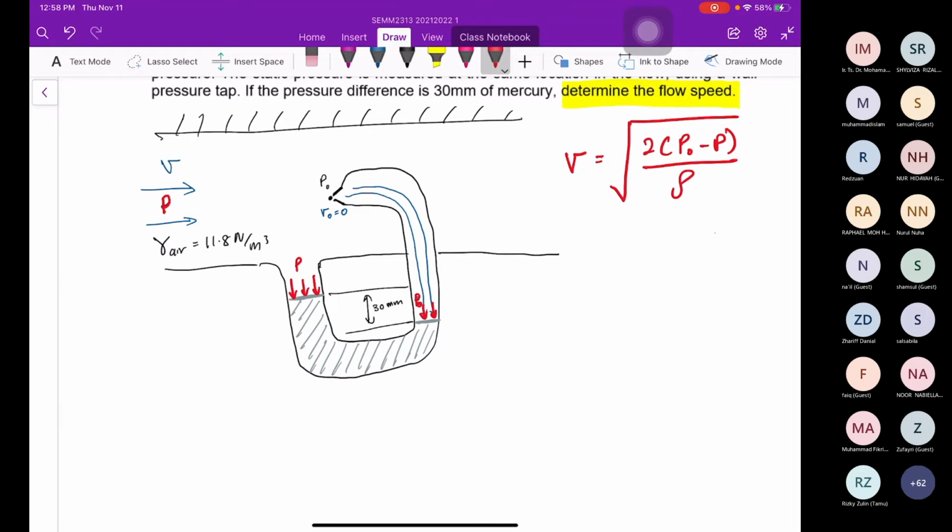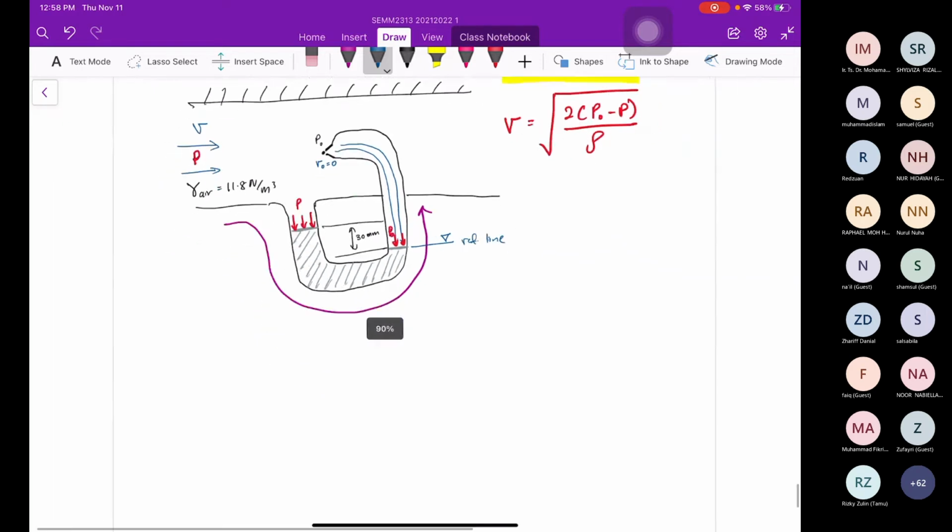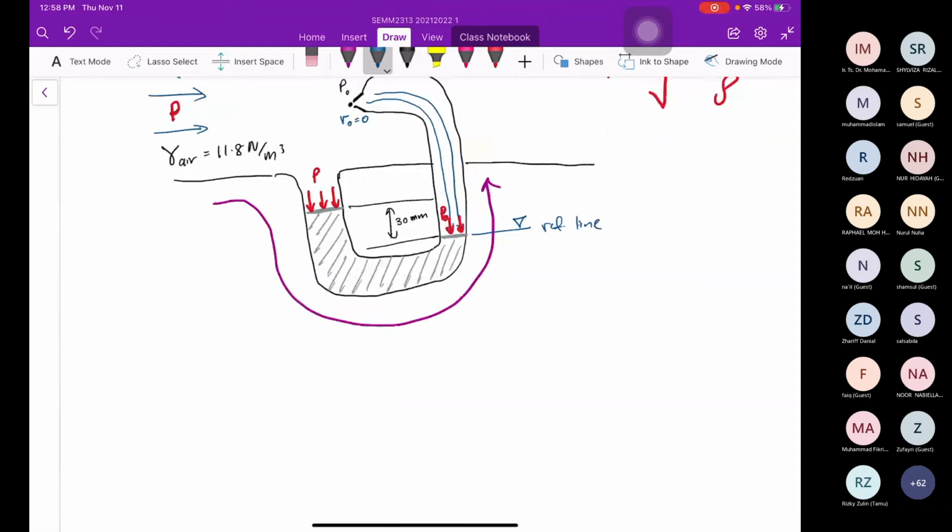So previously we derived the hydrostatic equation. So we can use the hydrostatic equation by specifying the flow. I want to calculate from here to here. Alright. And then I set the reference line. This is my reference line.